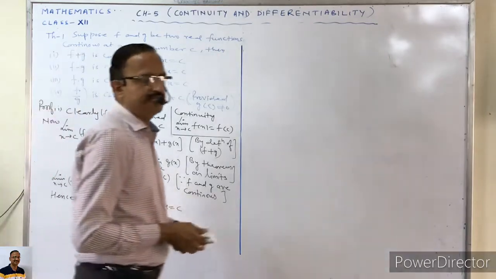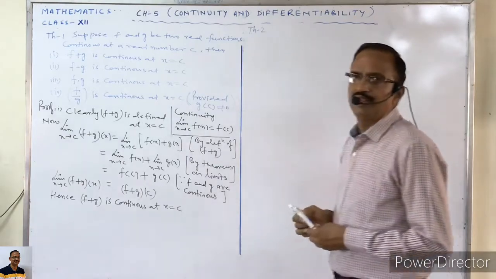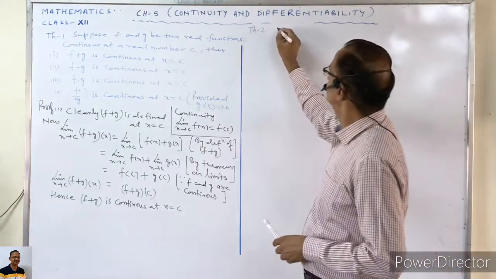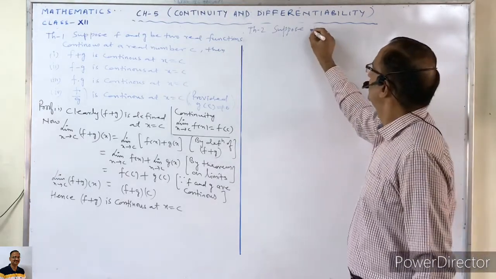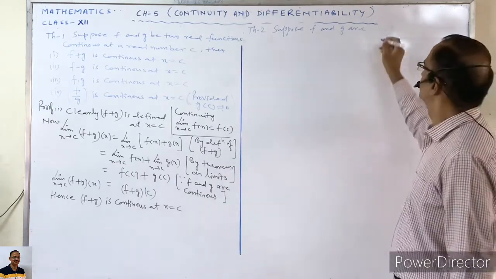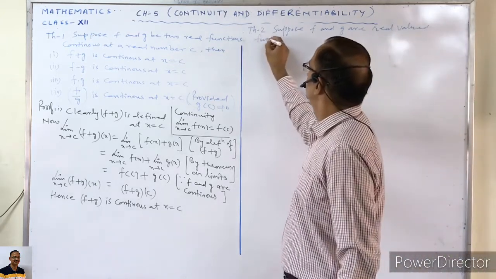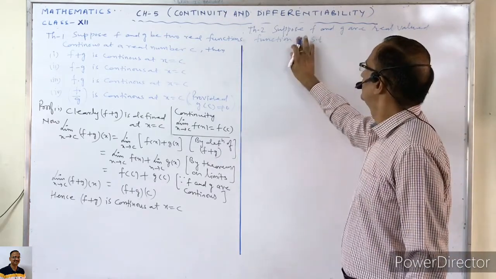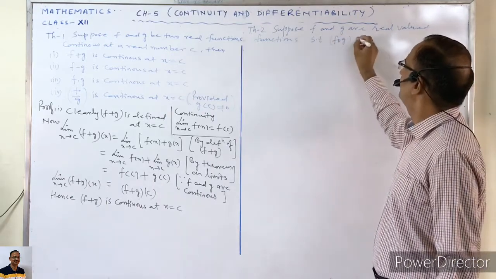Now come to the second theorem. This theorem is related to composition of functions. Suppose f and g are real valued functions such that fog is defined.